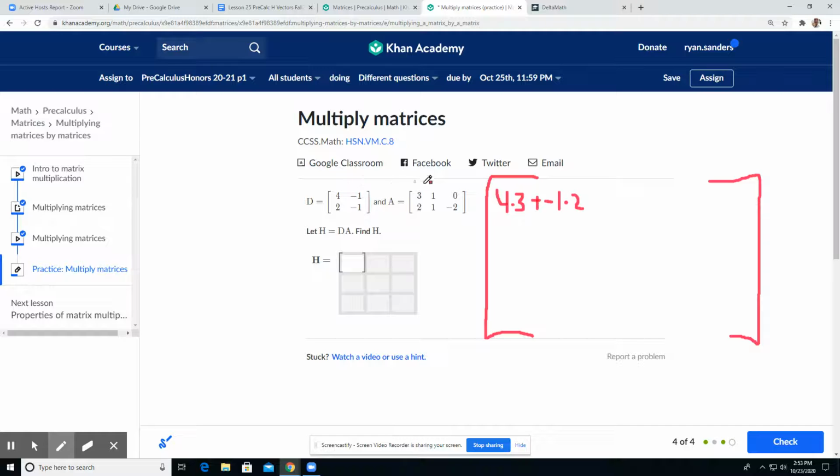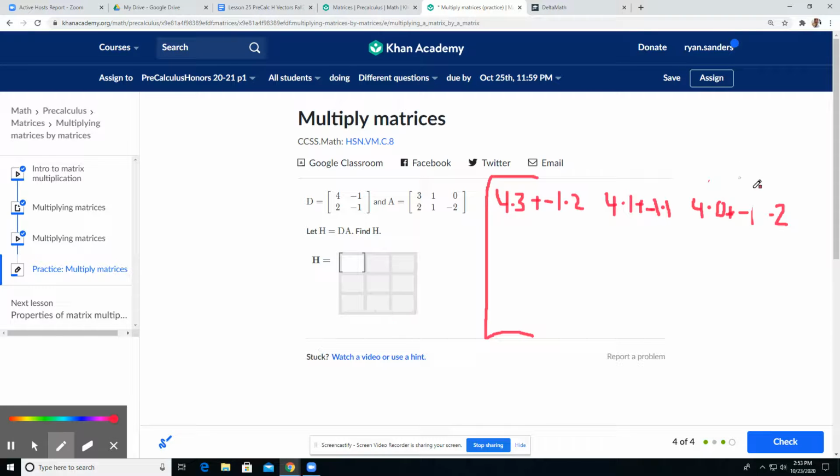All right, so 4 times 1, -1 times 1. And the last one, 4 times 0 plus -1 times -2. So it looks like not too hard just to redraw it. -1 times -2.